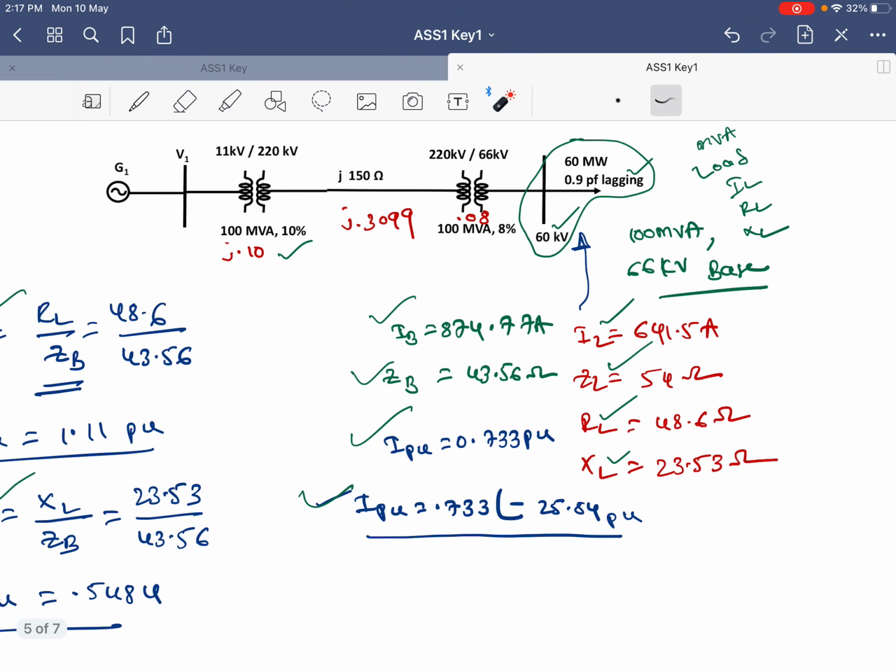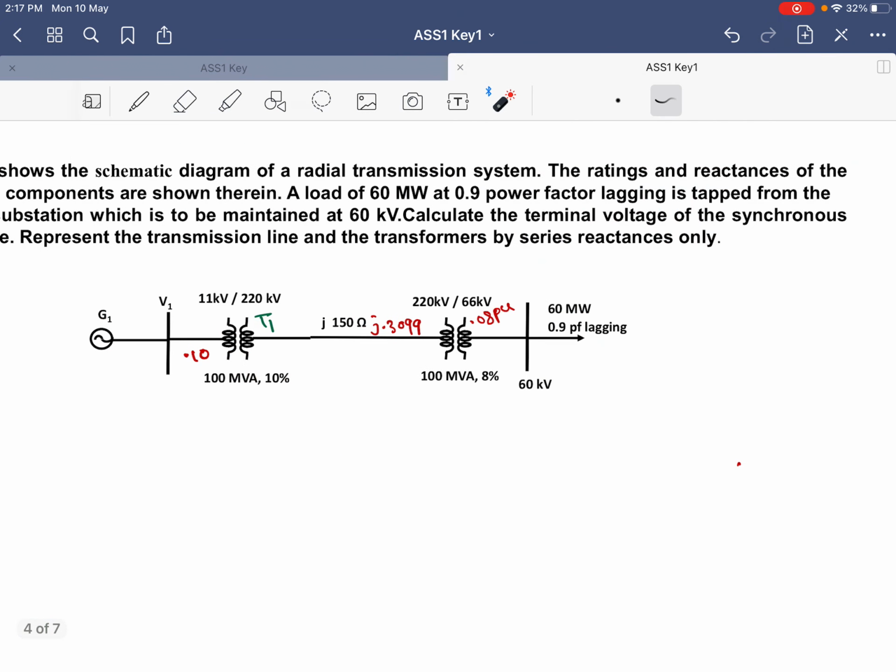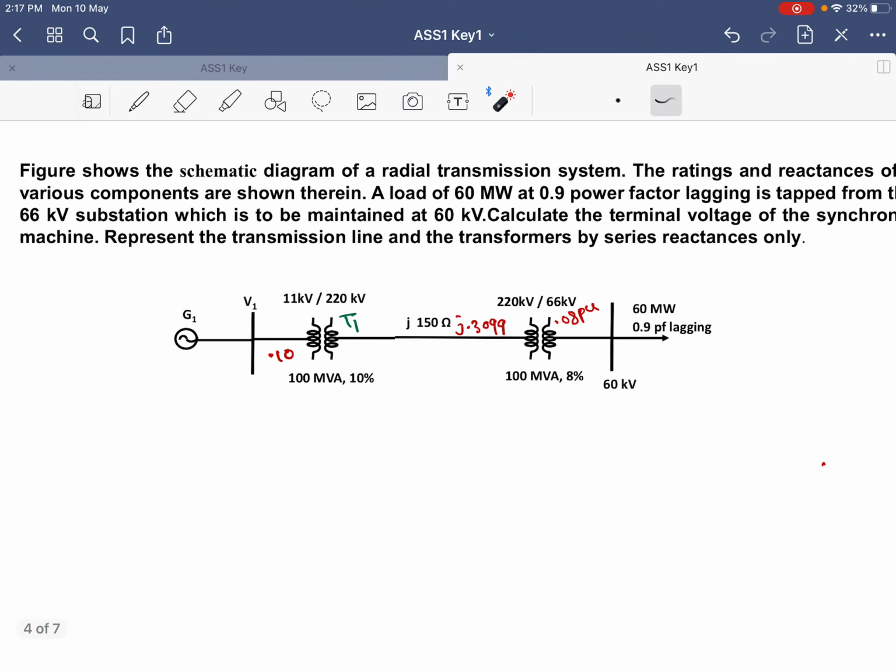What exactly he asked in the numerical? He asked in the numerical, calculate the terminal voltage of the synchronous machine. This is how you have to calculate the terminal voltage of the generator using the per unit quantity.